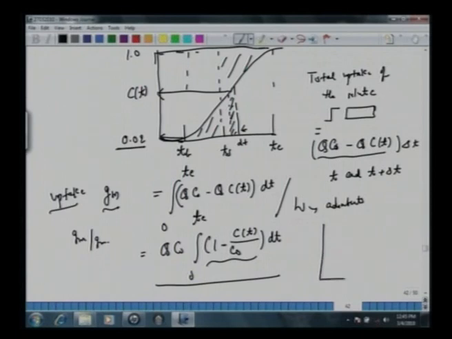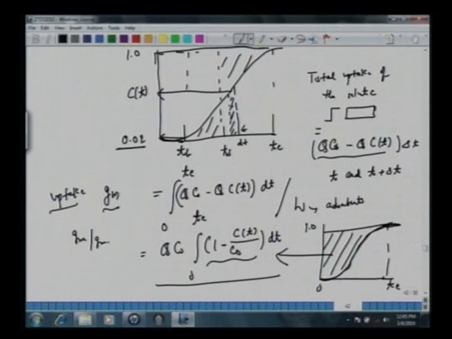If we redraw any breakthrough curve like this, this area corresponds to this, starting from 0 to Te, or for that matter to T infinity. This is all first order. It will take almost infinite time to reach 1 here. Approximately it has reached 99% of 1, or the exit concentration. So this is the total uptake.